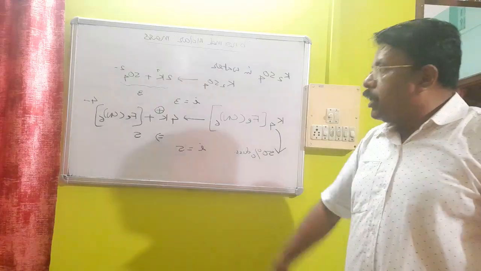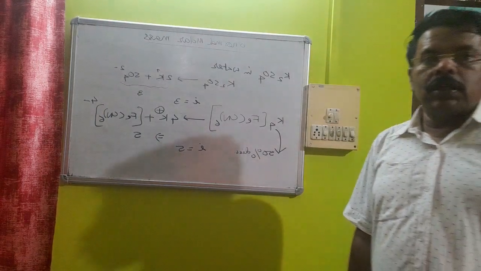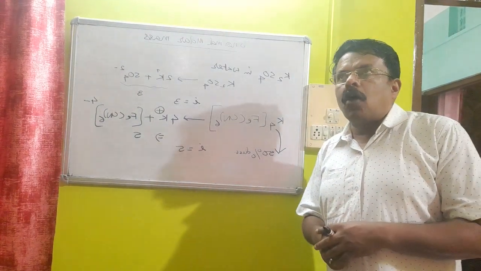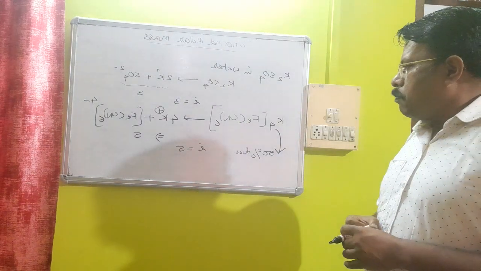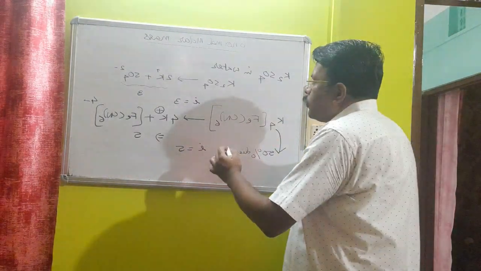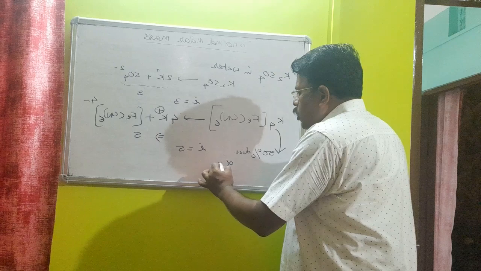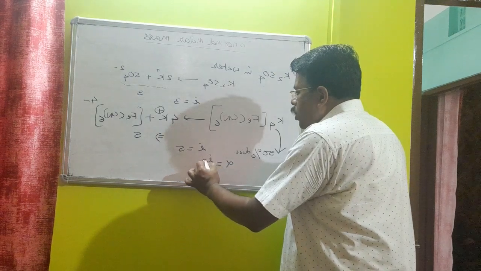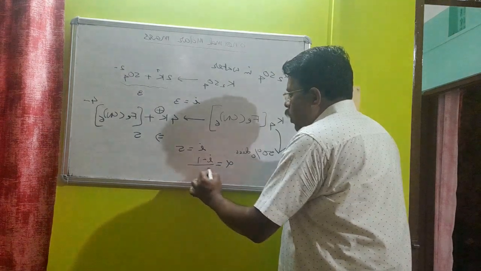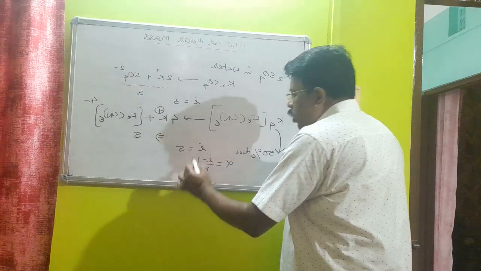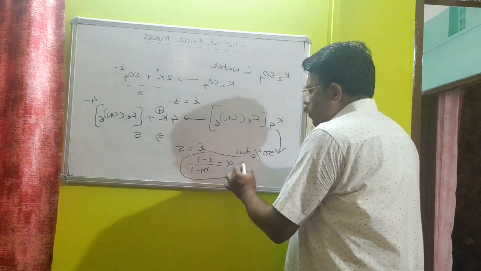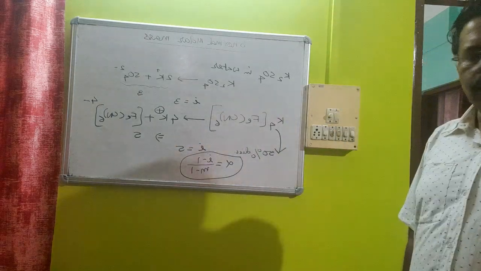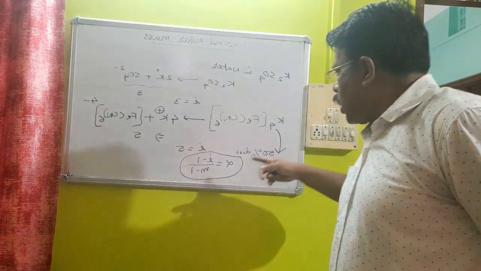So if it is not 100% dissociated, how do we get the value? In that case, you have to remember this relation: alpha is equal to i minus 1 divided by m minus 1. This relation will help you determine it. Now, what are these terms?